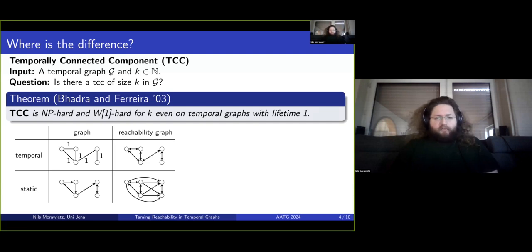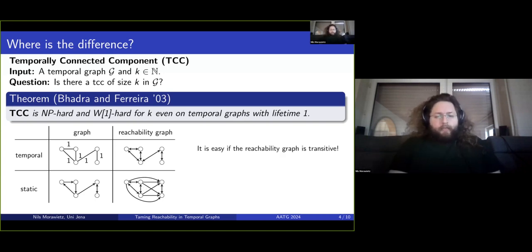Here again, a strongly connected component in the static graph is a bidirectional clique in the reachability graph. But for some reason, we can solve the problem on these reachability graphs in linear time.